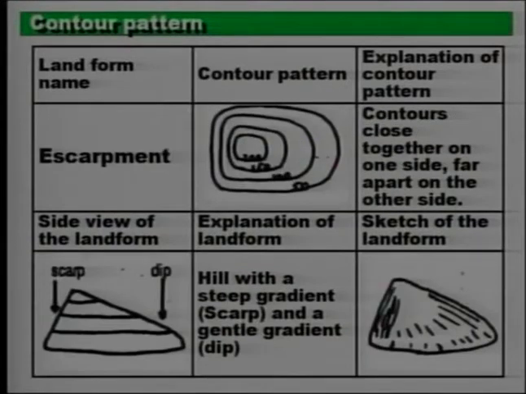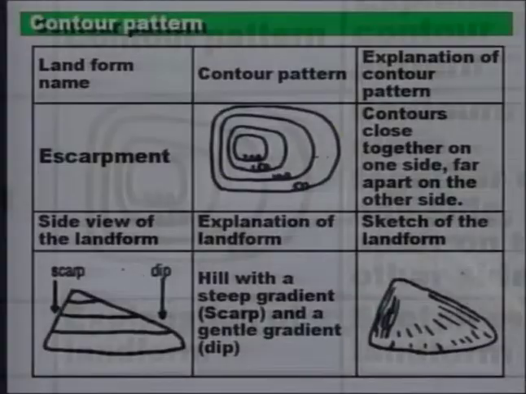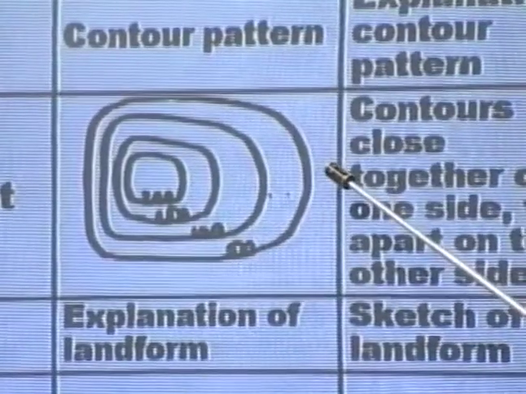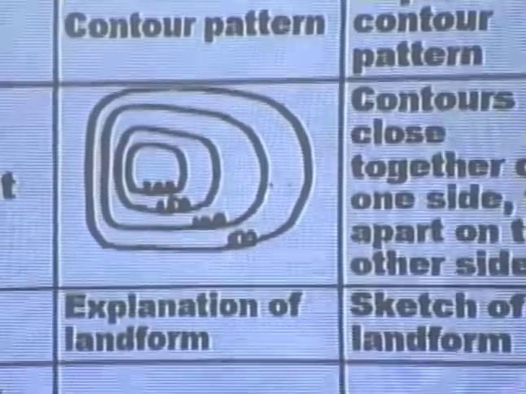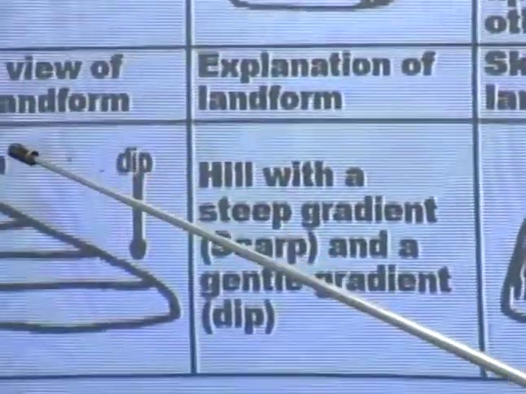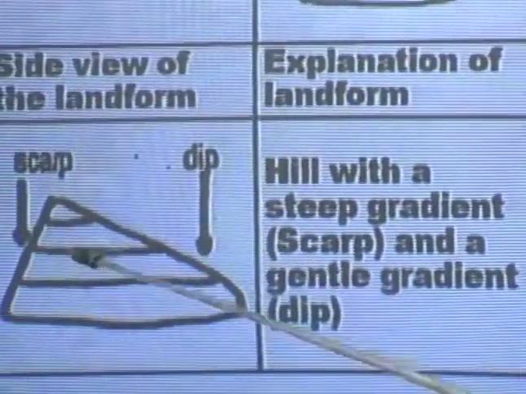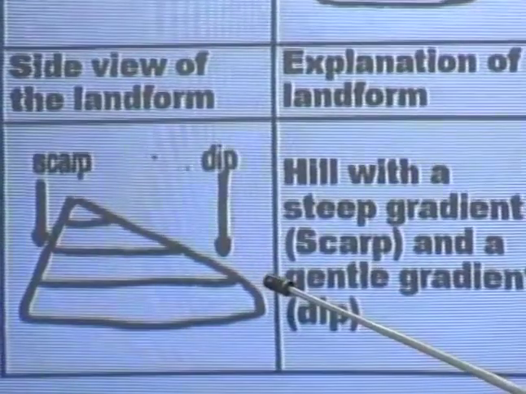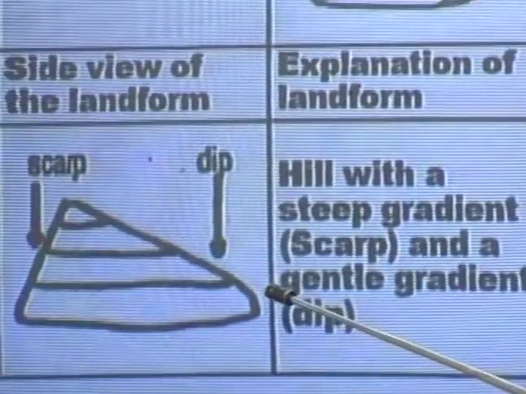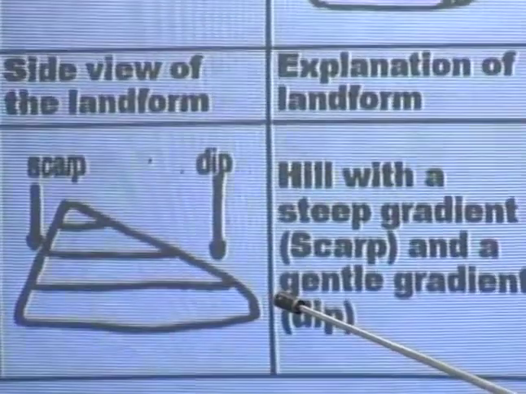The next one is an escarpment, which I explained earlier on. You have contours which are close together on one side, but far apart on the other side. The side view of an escarpment would look like this, whereby you have a scarp, which is the steep side, and the dip, which is the gentle side or the gentle gradient.